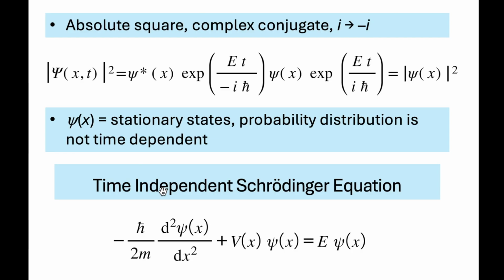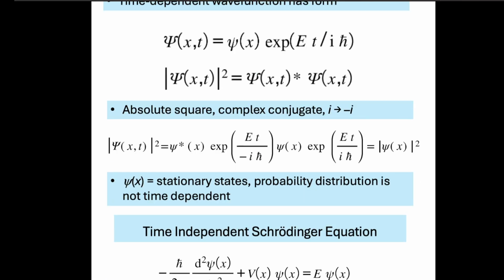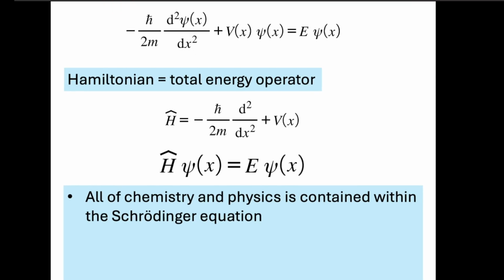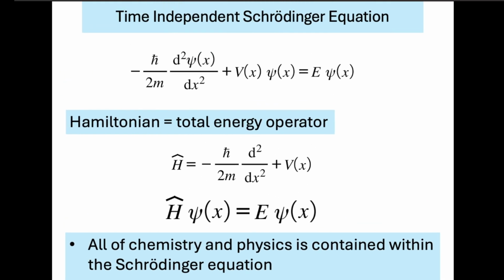And therefore, we can also write a time-independent Schrödinger equation that is minus h bar squared over 2m, second derivative with respect to x, plus the potential times the wave function, is equal to the energy times our wave function. Now we can write the time-independent Schrödinger equation in a very compact form.